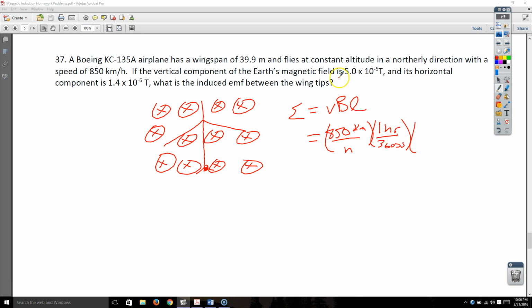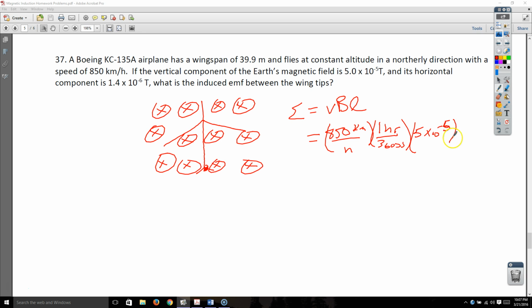The magnetic field here, the vertical component, and that's the one that we want to worry about, is 5 times 10 to the negative fifth Teslas.